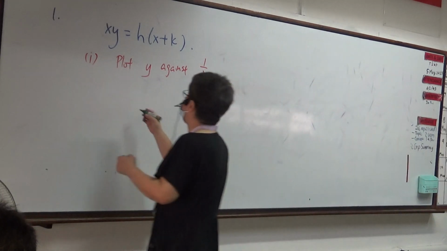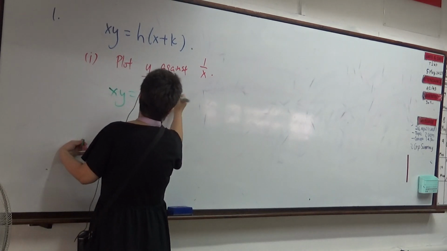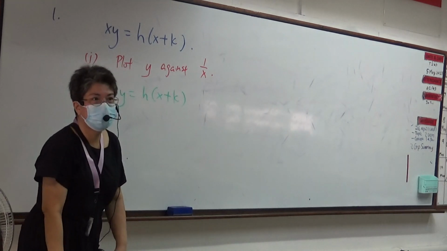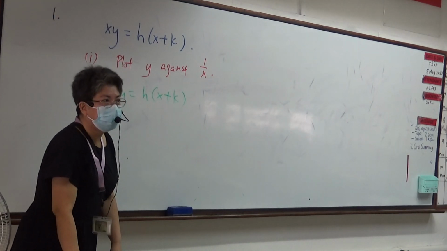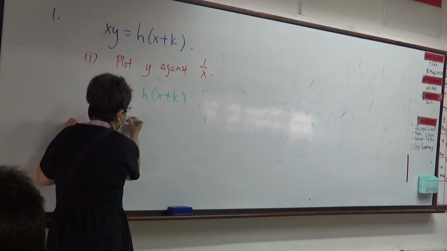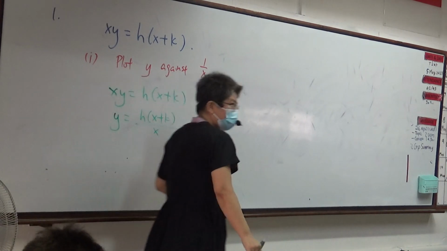Okay, now, so xy equals hx plus k. How do I get y? Focus on me. Divide throughout by what? X. So I divide by x. Alright?